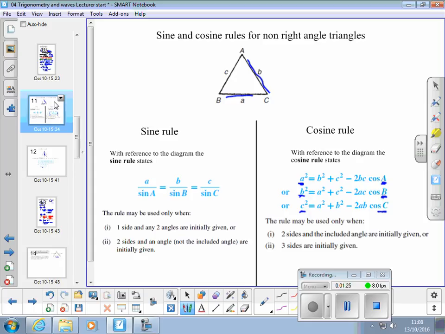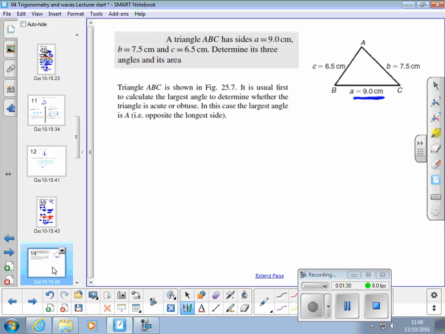So we've got to use the cosine rule, and we're going to use the cosine rule that involves the side A. So it's going to be the version A squared is equal to B squared plus C squared minus 2BC cos A.